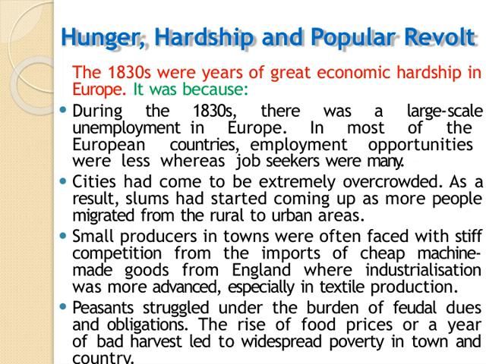When food prices rose or there was a bad harvest, poverty spread quickly, affecting both rural and urban populations. All these economic hardships contributed to growing unrest, fueling hunger, hardship, and eventually popular revolts. These struggles set the stage for a period of social upheaval as people demanded change and better living conditions.